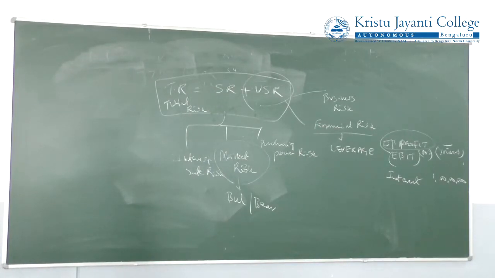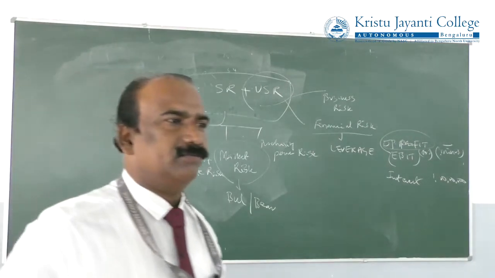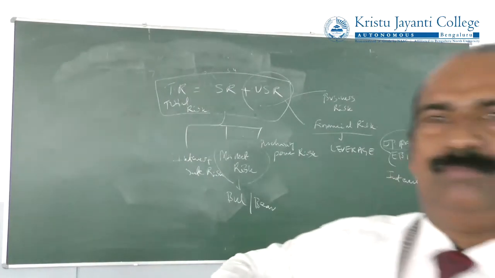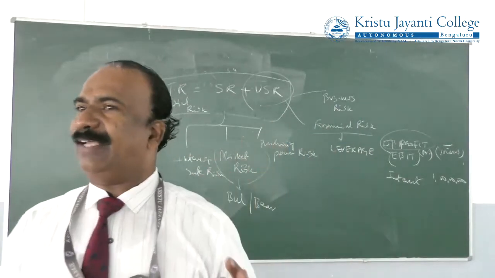What does it calculate? The rate of deviation. The rate of deviation from what? Central tendencies. We have a mean return, and how each return is deviating from a central level, that is called standard deviation.